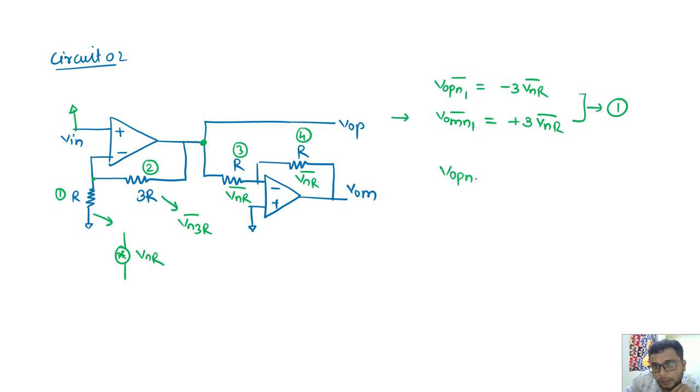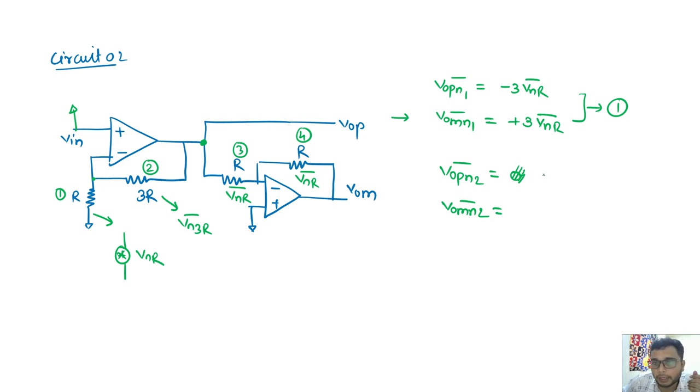Now VOP of N2, that means 3R. So what will it be? This is 0 current, so VOP is 0. So what is VOM of N2? Okay, so due to this resistor, wait, it is not 0.